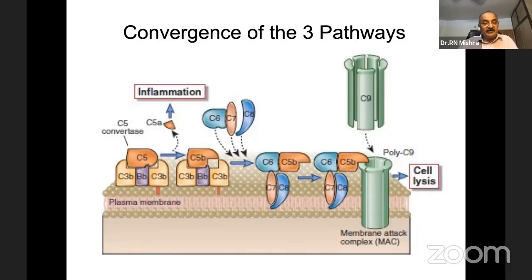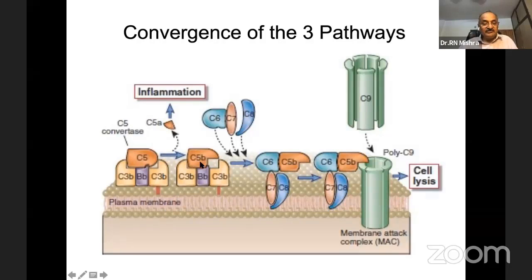One is C5a and C5b. This C5a is one of the most powerful anaphylatoxins in the biological system. It's tremendously pro-inflammatory. So that causes inflammation or intensifies inflammation.